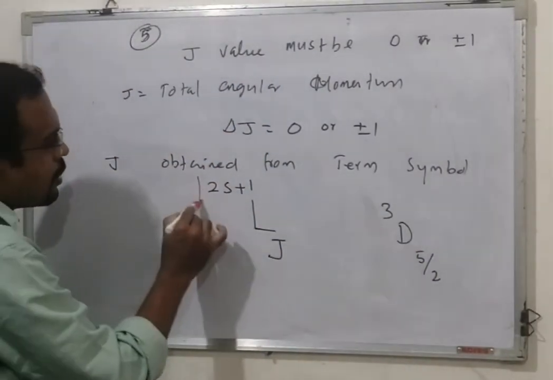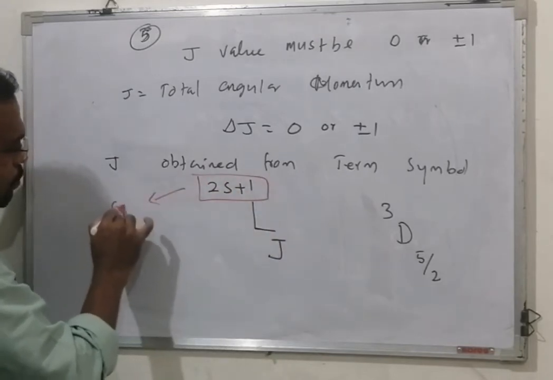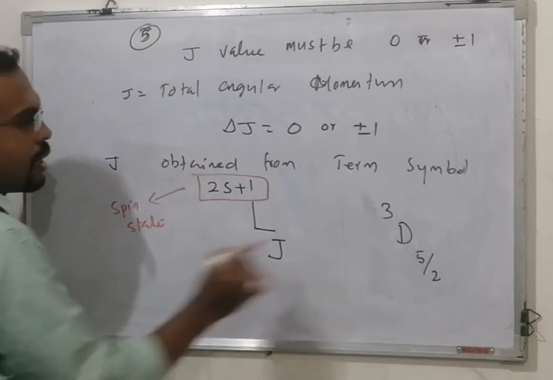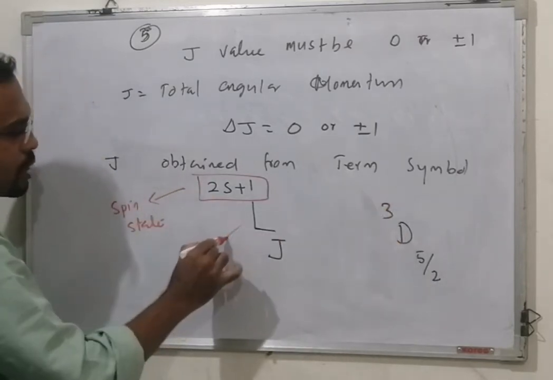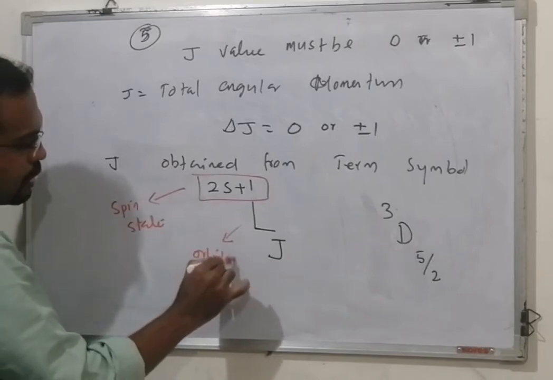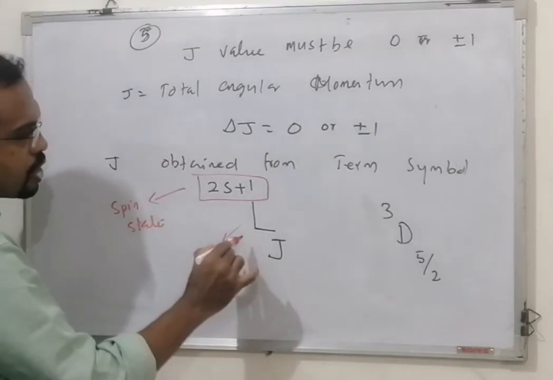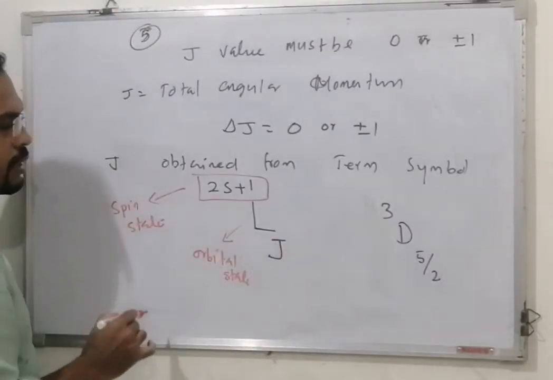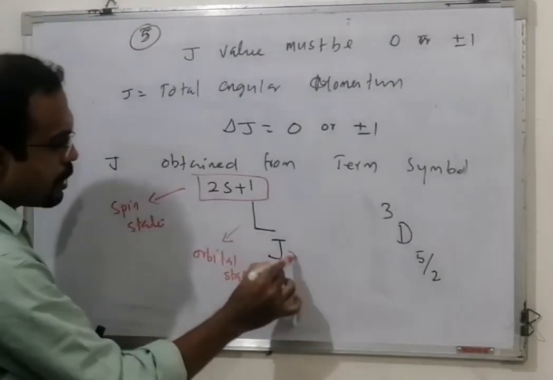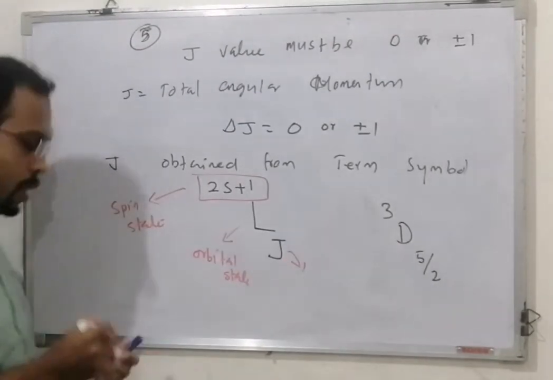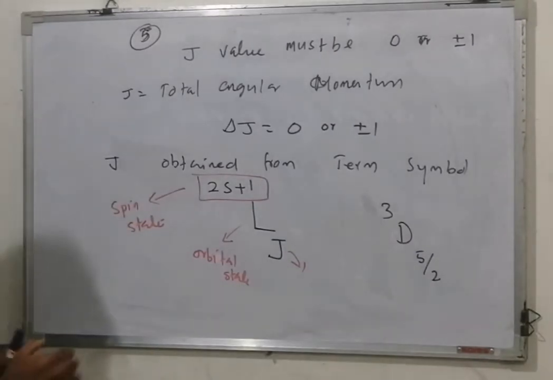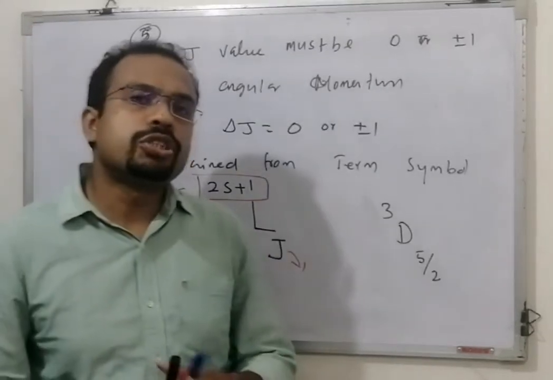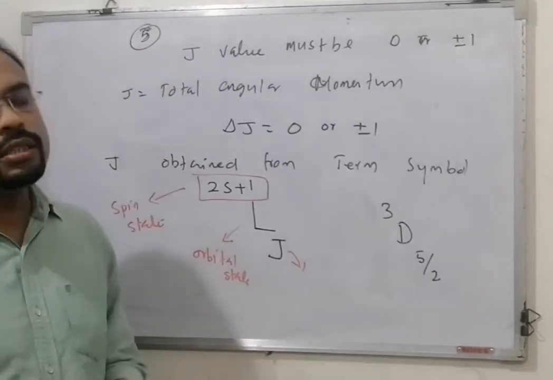This is called the spin state. During an electronic transition, the spin state should be the same. This is called the orbital state, that is here D, a D orbital. This is the J value, the angular momentum state. When you know a term symbol, you can simply calculate which transition is forbidden and which is allowed.